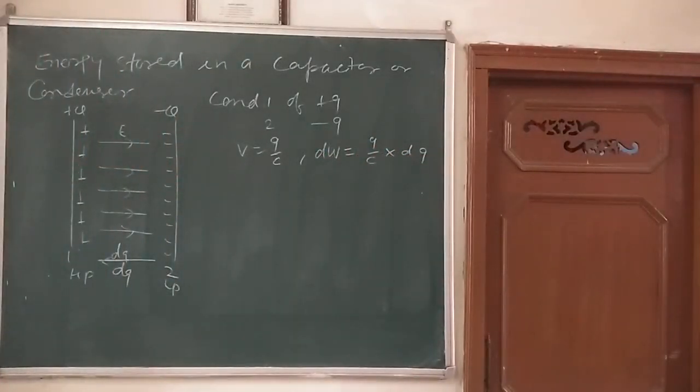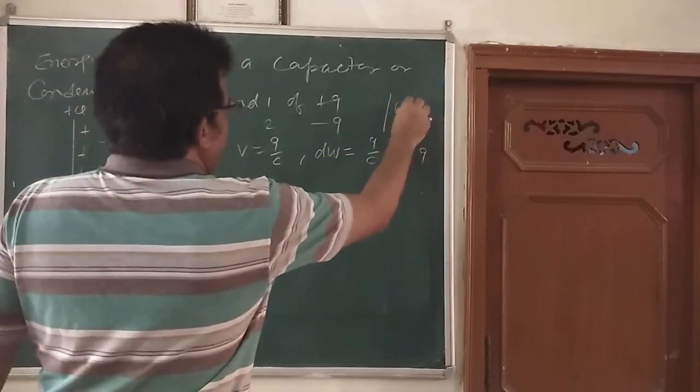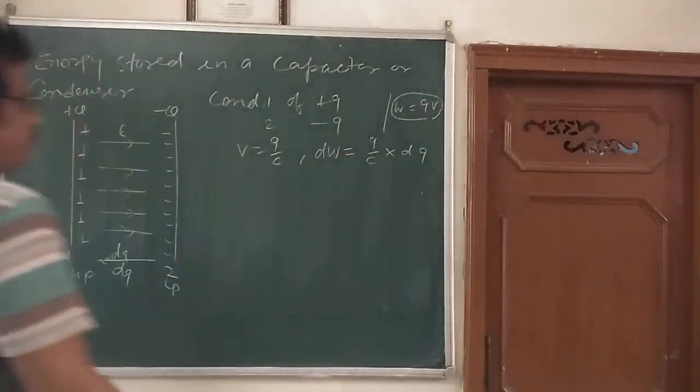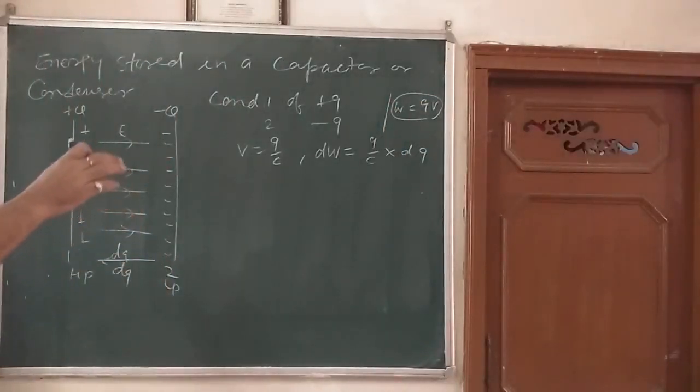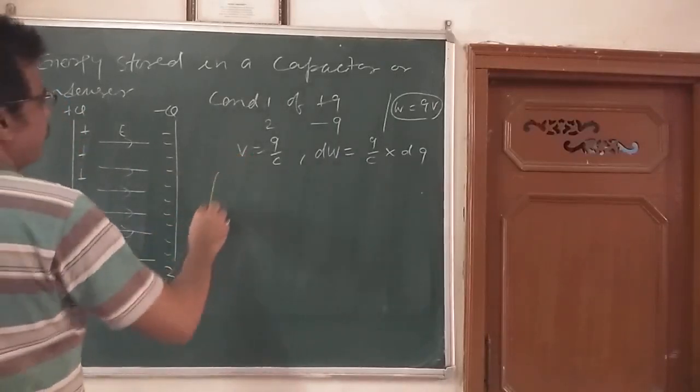This is our formula. This is a small amount of work done, because we know very well W is equal to Q into V, the formula of work done. So this is the small amount of work done. Now the total work done in giving a charge plus Q. Initially the charge is 0 and the final charge is Q. So I have to integrate it.